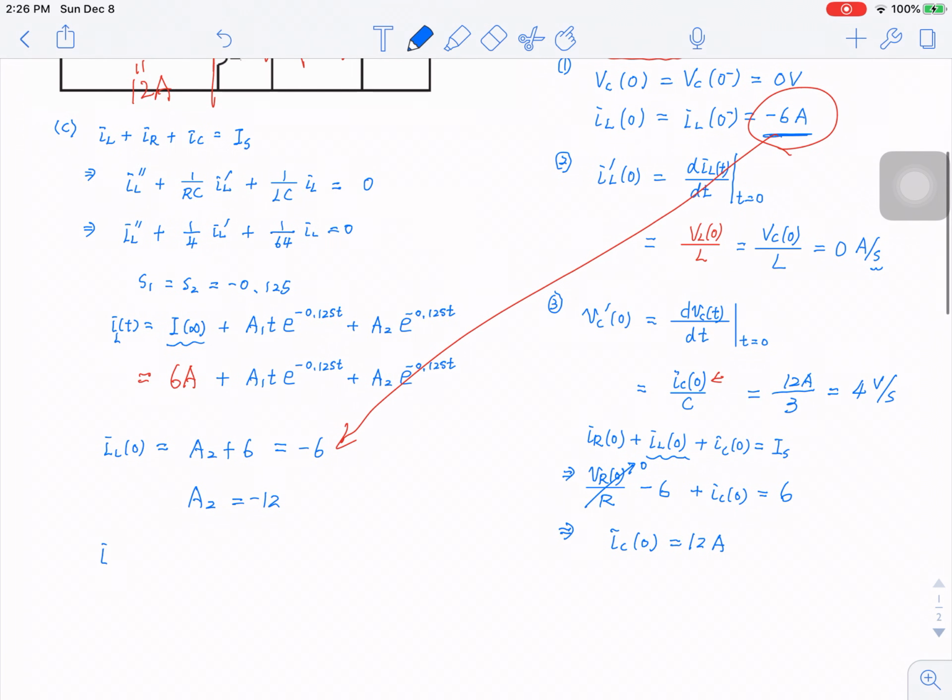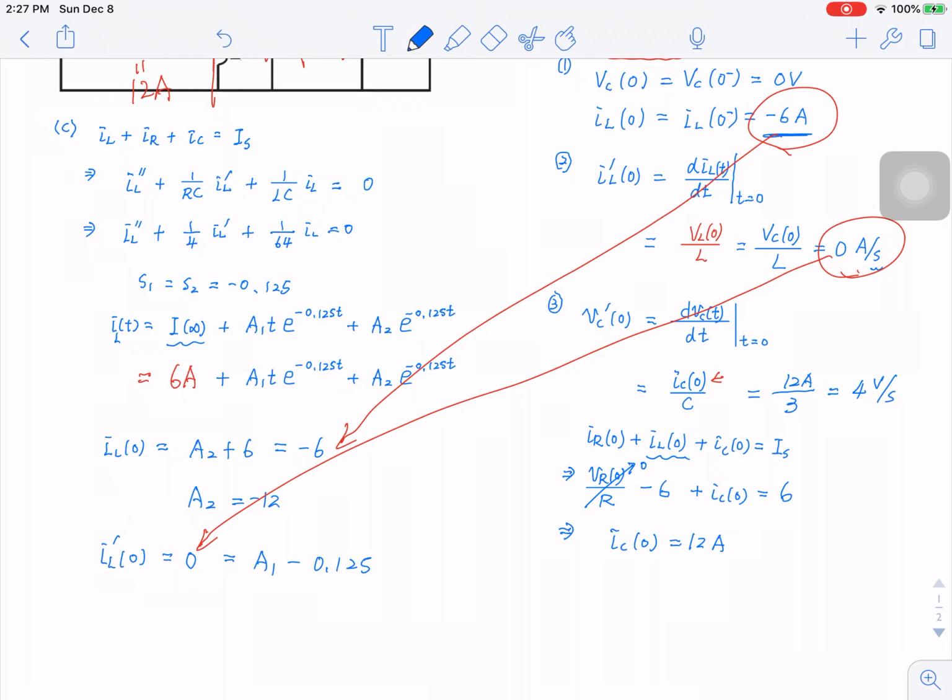And then what is IL prime at time equals 0? You take the derivative of this. You can get this is 0, from what we found here. So this is equal to A1 minus 0.125 A2, and this is also 0. So you can find A1 is equal to minus 1.5. So now you get everything.